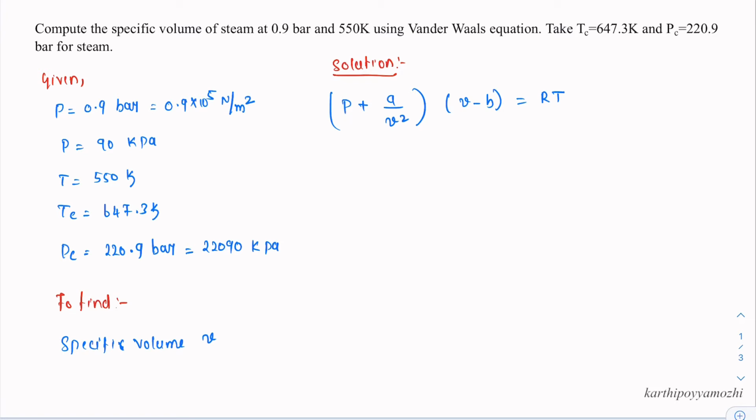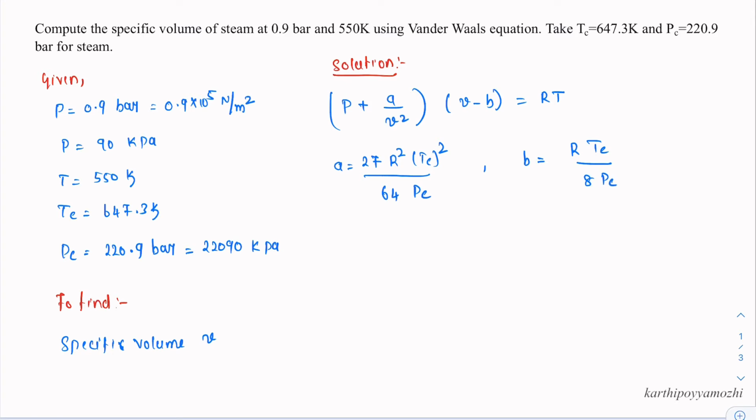In order to find the value of A, the equation is given as 27 R square TC whole square divided by 64 into critical pressure, and the value of B is given as R into TC divided by 8 PC.